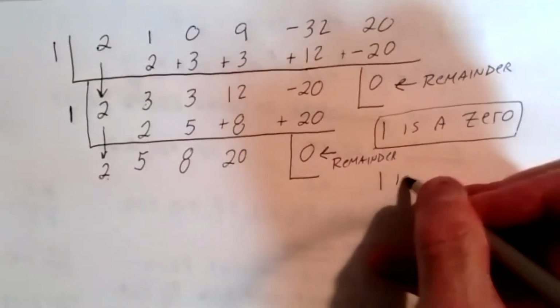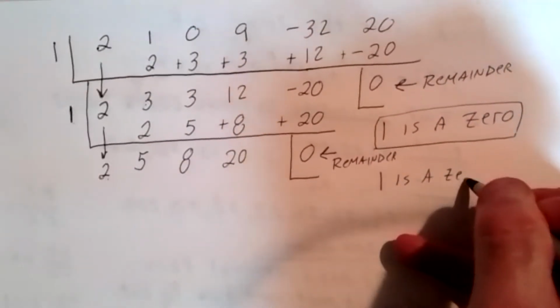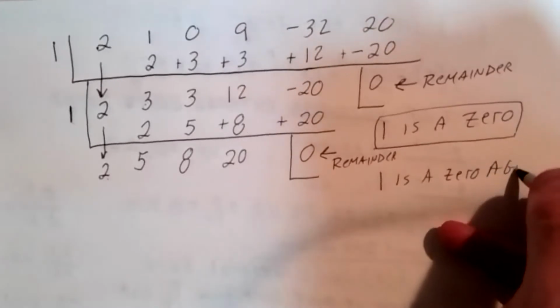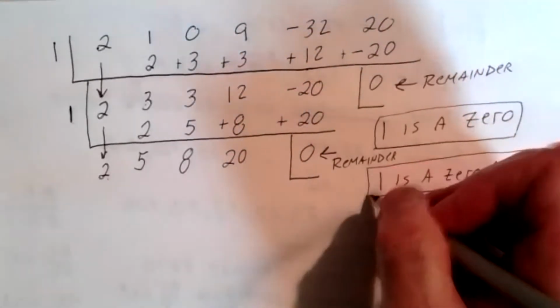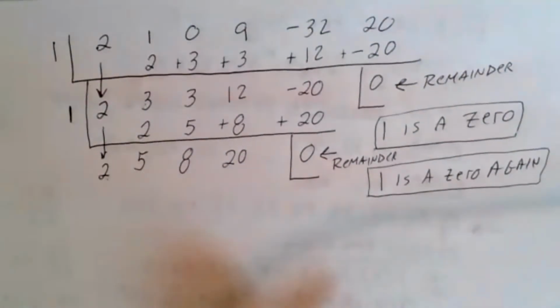That 1 is a 0 again. 1 happens to be what's called a repeated 0 of this 5th degree polynomial function. 1's a 0 again. Now, so we found 1 to be a 0 again, correct? Yes. Let's see. All right.